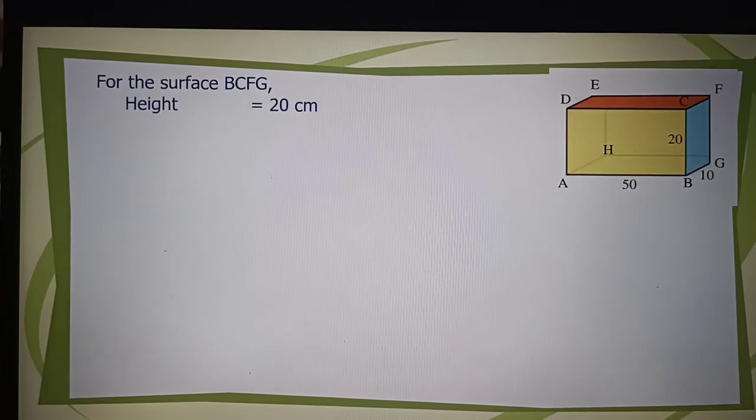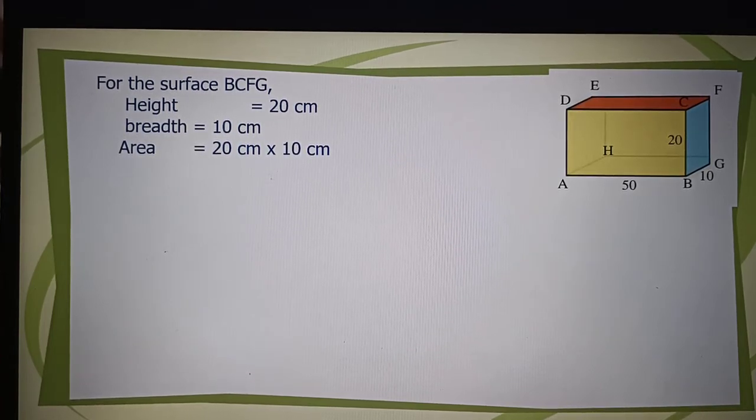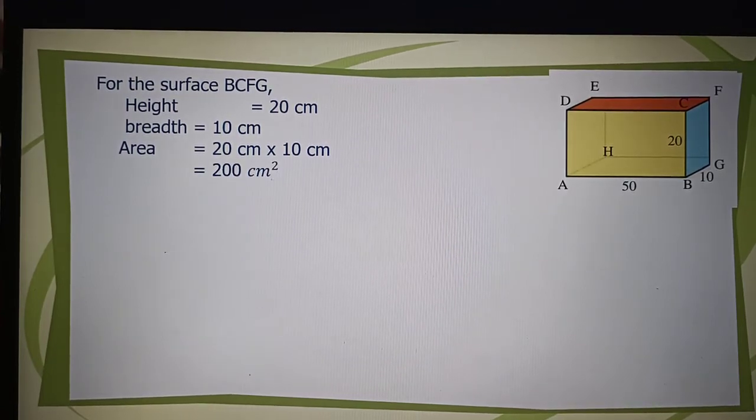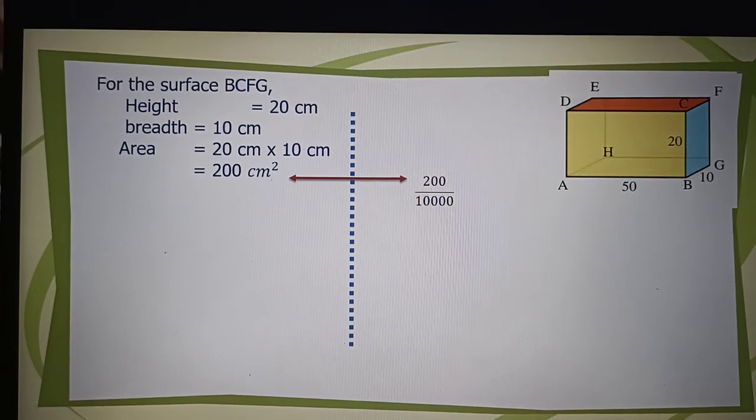Next we are going to see the next surface BCFG. For that, height is equal to 20 centimeter, breadth is equal to 10 centimeter, area is equal to height into breadth. So 20 into 10, how much? 200. Centimeter into centimeter, centimeter square. So next we have to convert into a meter. For that we have to divide by 10,000.